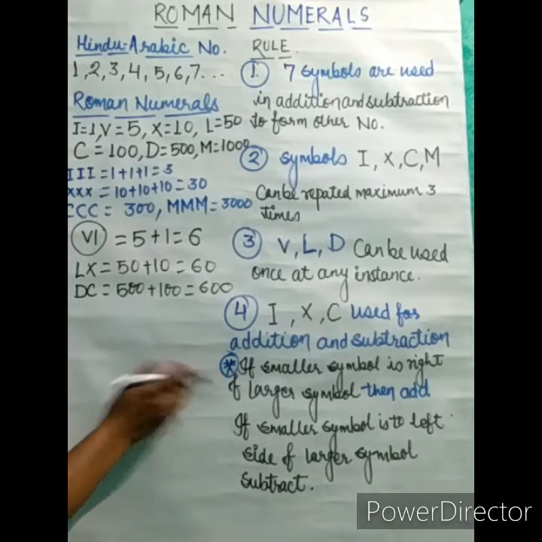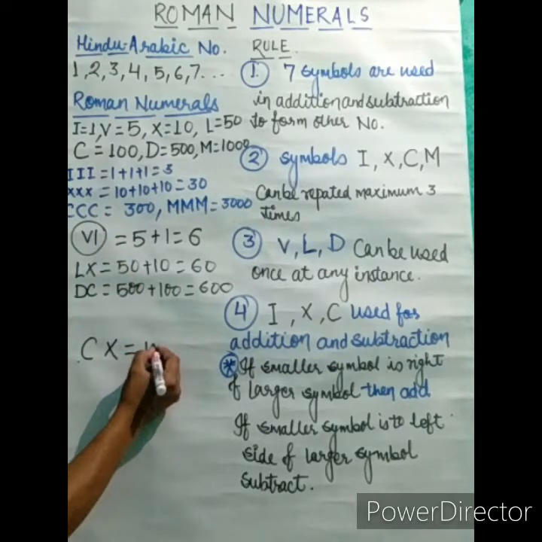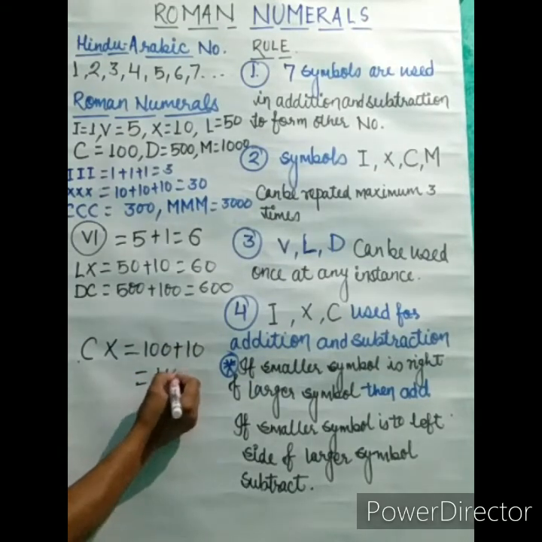Now for an example of this, we can take C and X. C is greater, X is smaller, so we add X: C is 100 plus 10 equals 110.